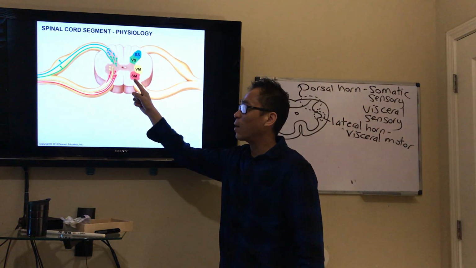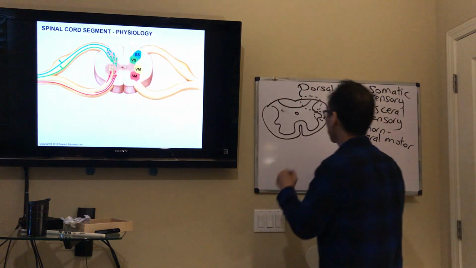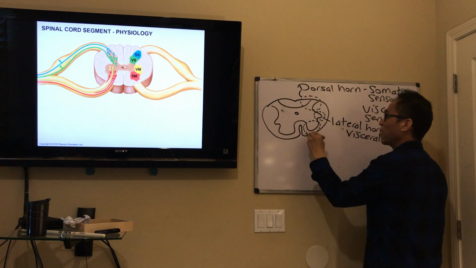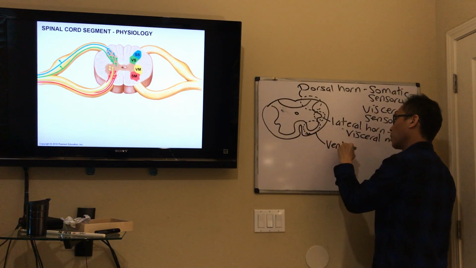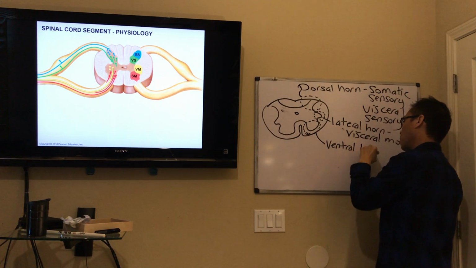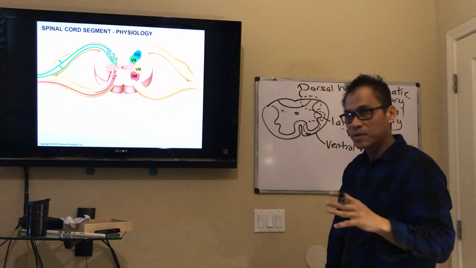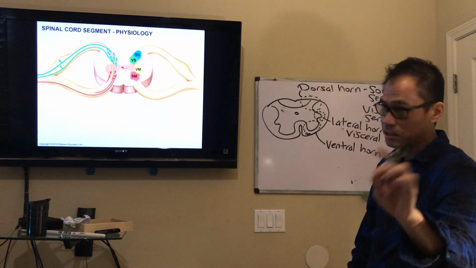This red horn here, this is the ventral horn. Right there. So that is where the cell bodies of the motor neurons are that control skeletal muscle.